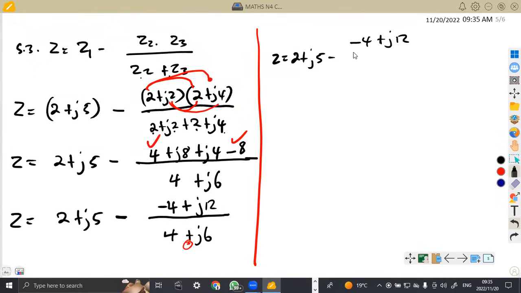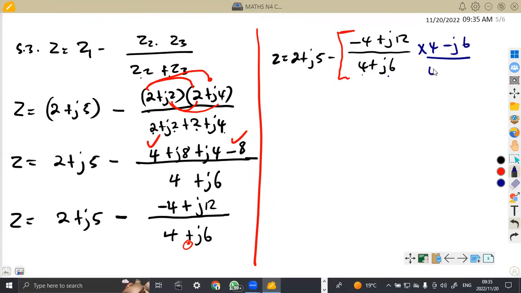So this is j12 over 4 plus j6. So I'm working with this part here. I'm going to multiply by the complex conjugate of the denominator, which is 4 minus j6, so times 4 minus j6 over 4 minus j6, so that we can remove that fraction that we have. Okay, so that is our z.